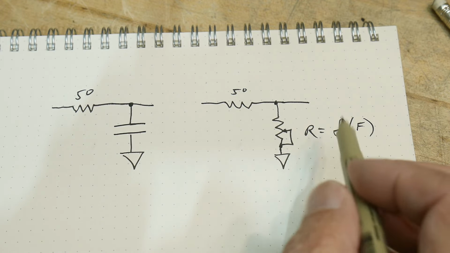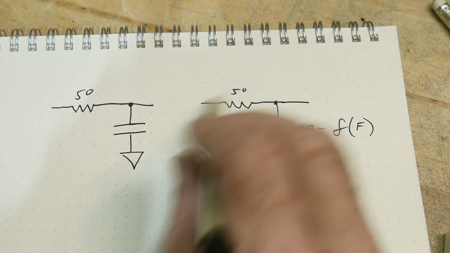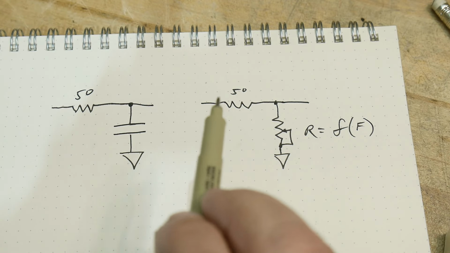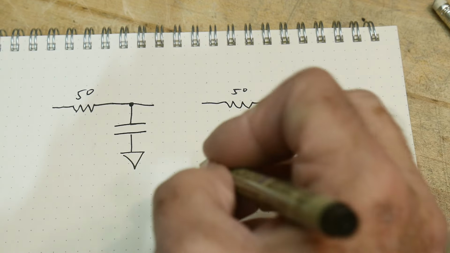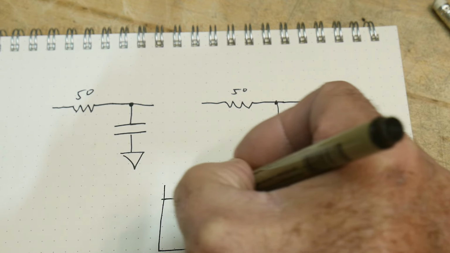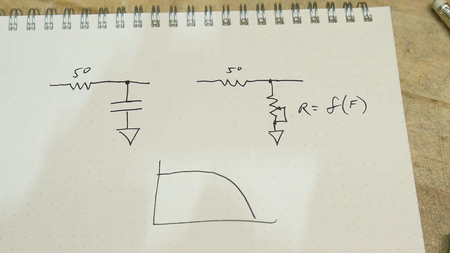And then it can go down to maybe 1 ohm, and then you only have 1/50th of what you started out with, right? So I think everybody understands this, okay? We can plot it, and it would look something like this, okay?